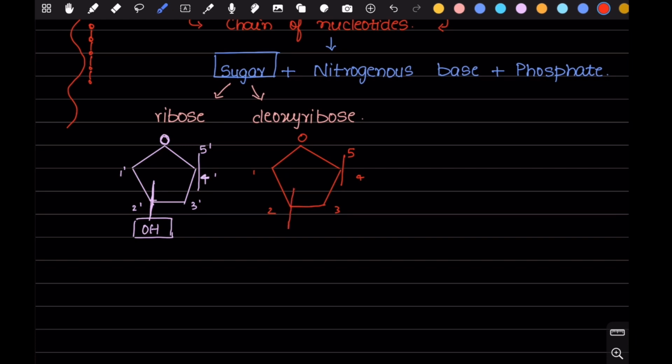But at the second position, instead of having OH, it has only H. So that is the difference that forms this RNA and DNA. RNA has ribose sugar as its sugar. The DNA has deoxyribose as its sugar.